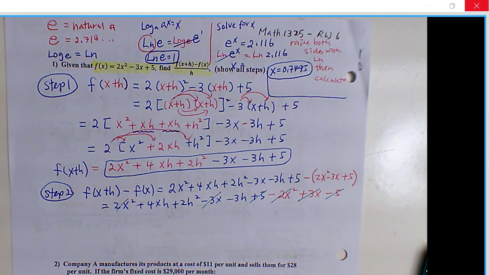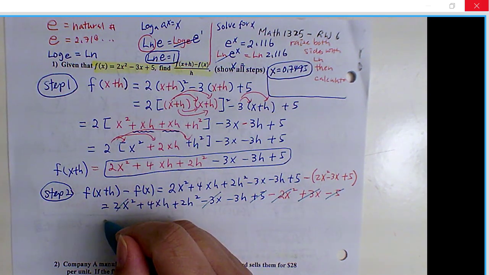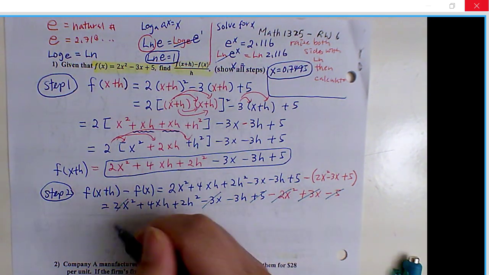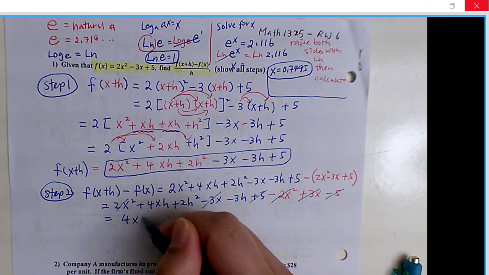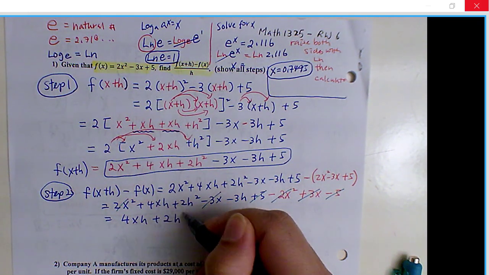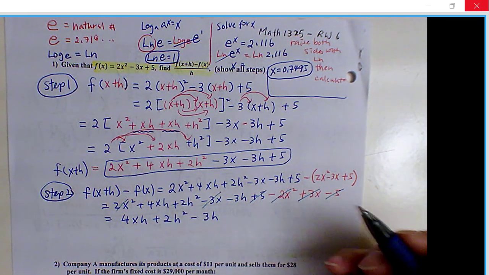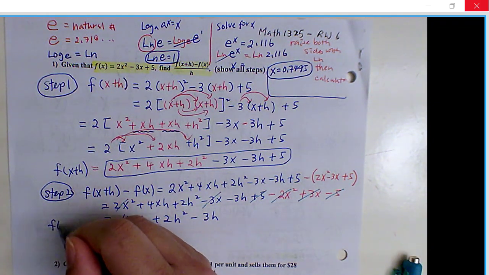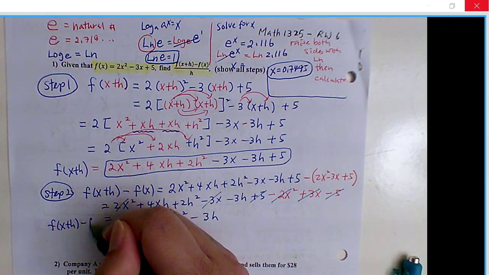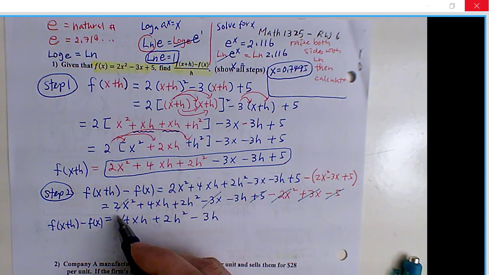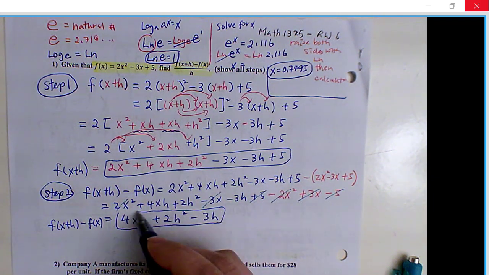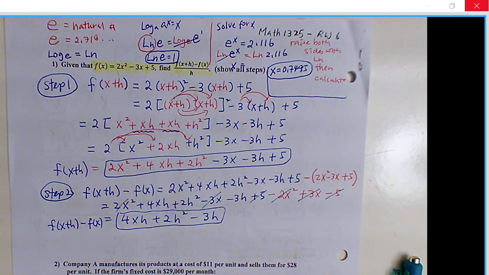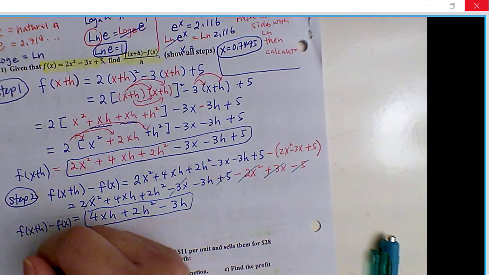So those cancel, and we will end up with the numerator equal to 4xh plus 2h squared minus 3h. That's all the terms we are going to have. That's the top part, f of x plus h minus f of x. So that's this numerator.